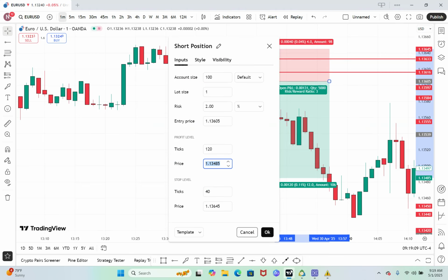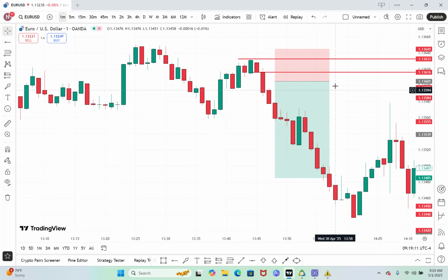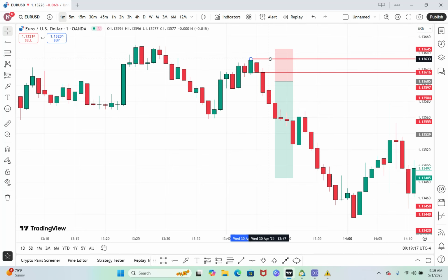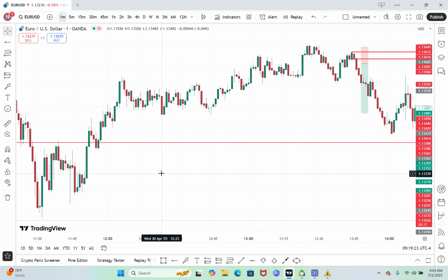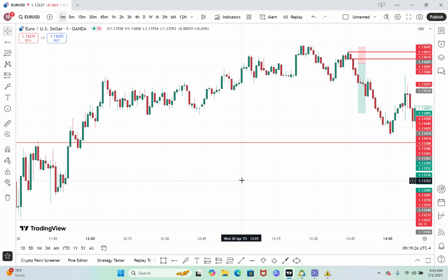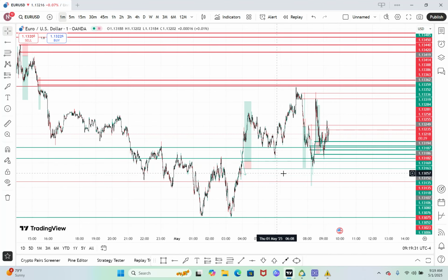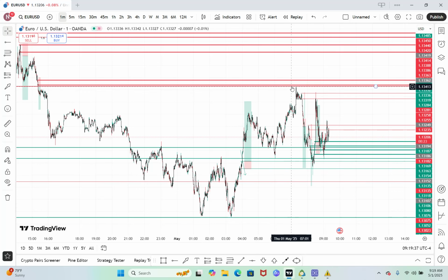Let me go back to TradingView. So waiting on the market to break below this area right here where we want the trade, or break back above anywhere above this area, and show us signs if it wants to push further up or further down, then we take action.